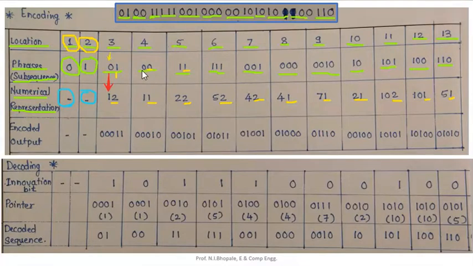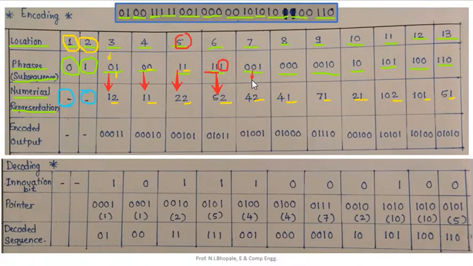After that 0, except this last 0, 0 stored at 1, 1 stored at 2. Now except this last bit, 11 is stored at location 5, so that is why we need to write here 5.